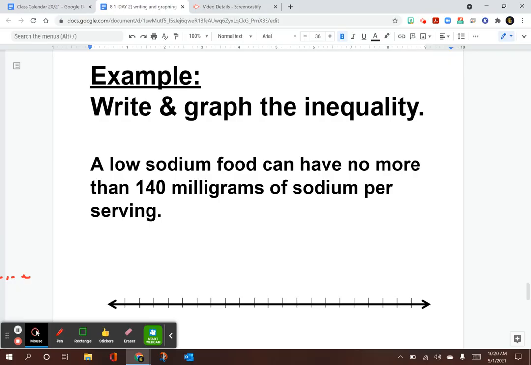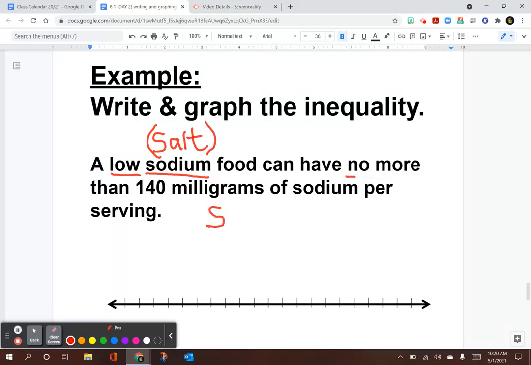My next inequality shows a low sodium food can have no more than 140 milligrams of sodium per serving. So in the real world, when we're talking about health and nutrition, we do pay attention to things like the sodium that's in food. And people with maybe heart issues or high blood pressure, they want to watch their sodium, which is really their salt intake. So to be considered a low sodium food, the food's sodium can have no more than 140 milligrams.